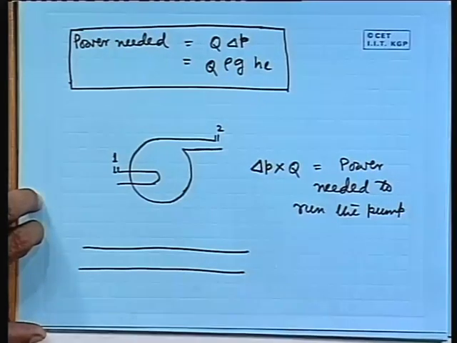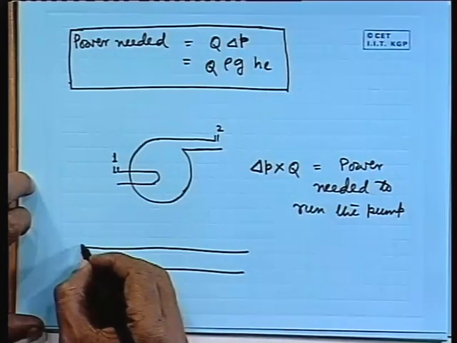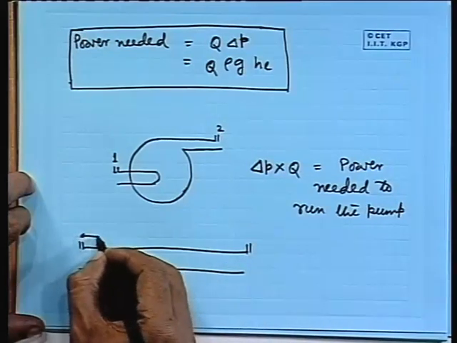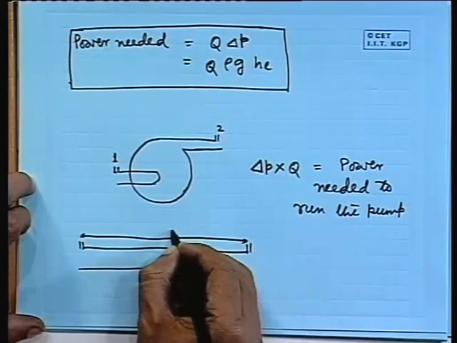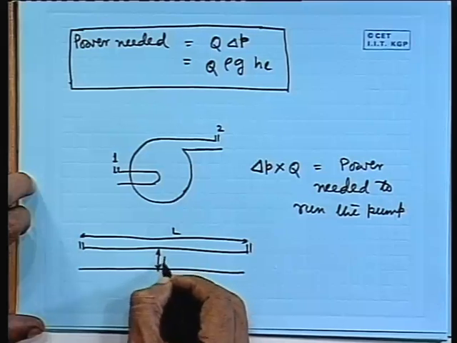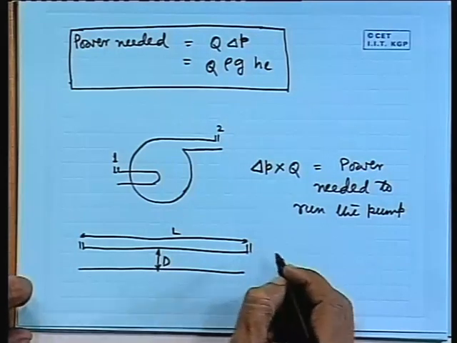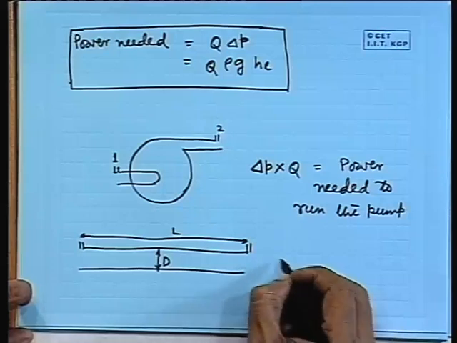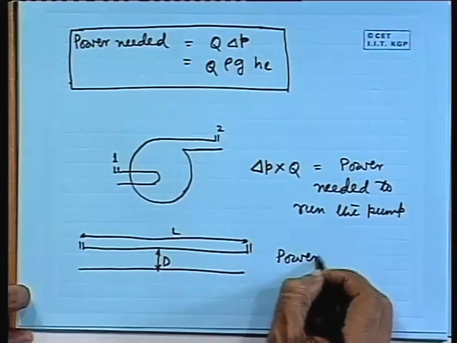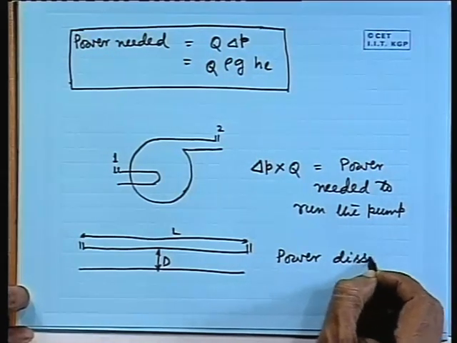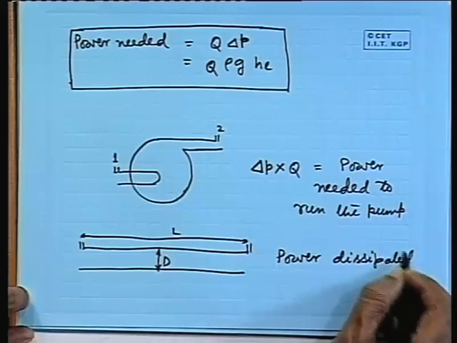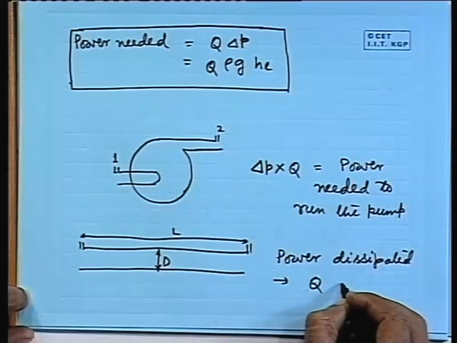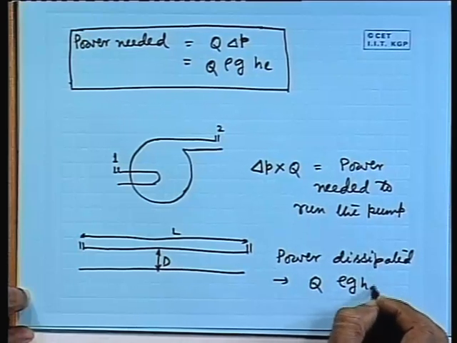Suppose we have got a pipeline. For this we have calculated what is HL, this is L, this is D, all these we know, and we have calculated what is the head loss. So, in this case power dissipated we can get from this equation Q into rho G into HL.